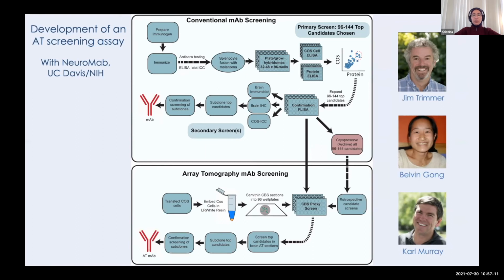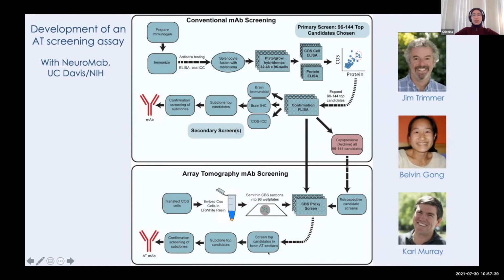Then they're centrifuged into a pellet. So that's the pellet that's embedded. And the pellet is then sectioned into semi-thin sections that are put in 96 well plates, and then stained the same way that we would use for array tomography. And then from here, using this readout that I showed you, green cells, do they label with the antibody or not?